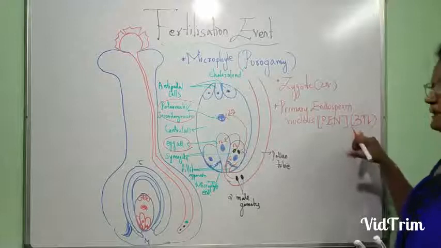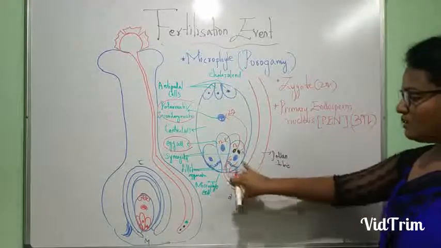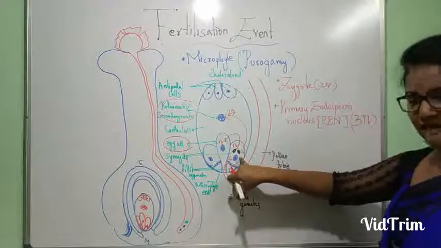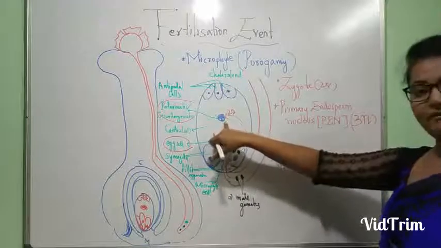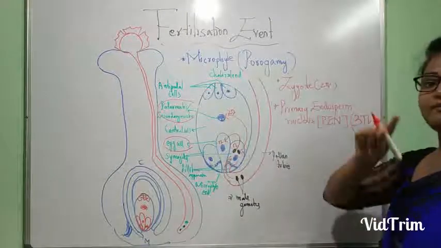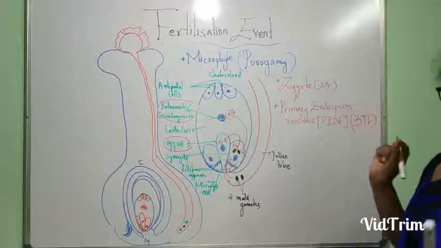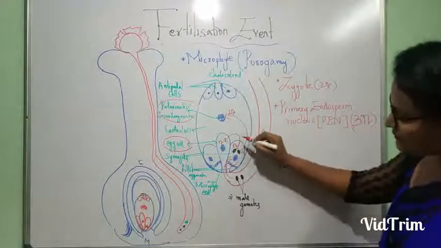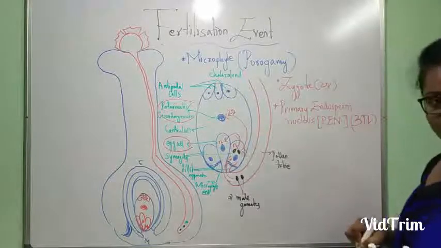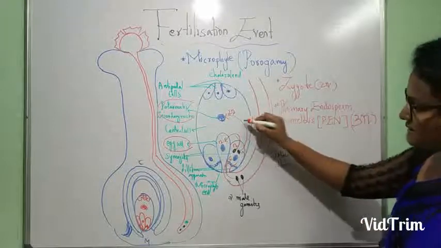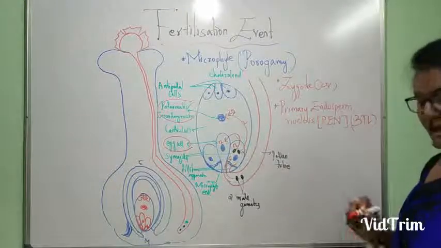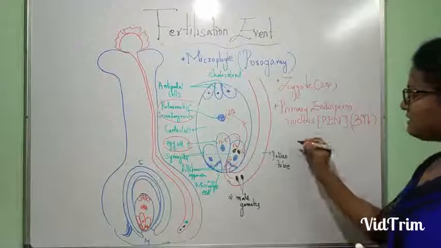How is it 3n? One male gamete which is n and the polar nuclei which is 2n: 2n plus n is 3n.